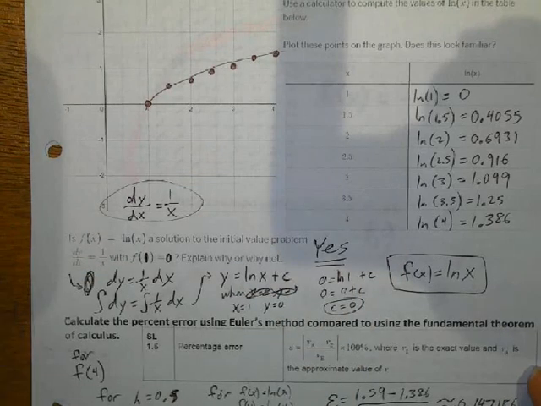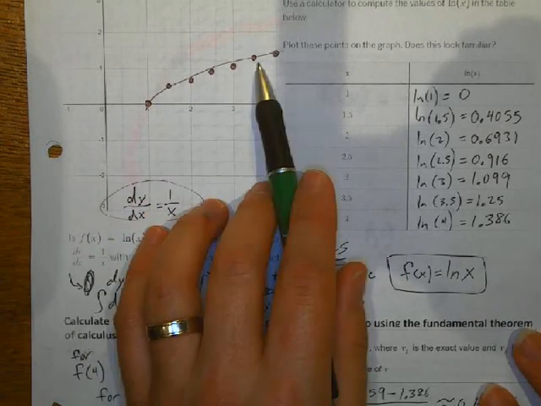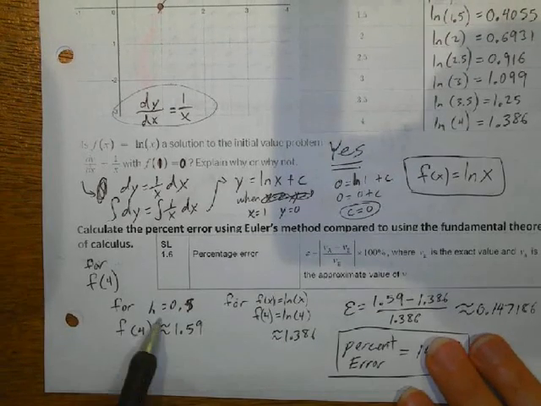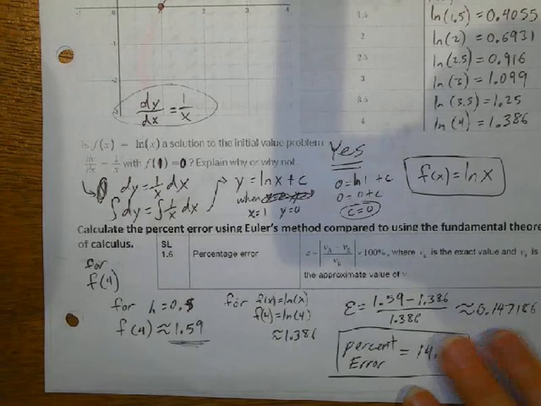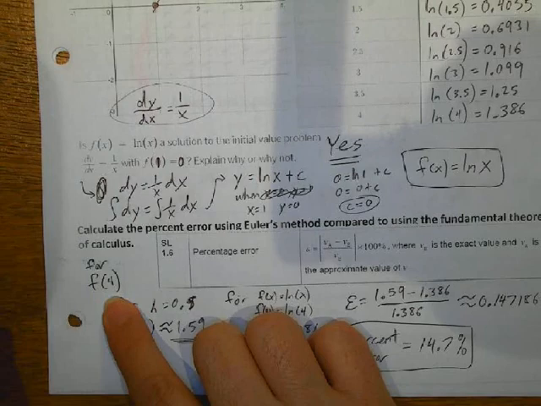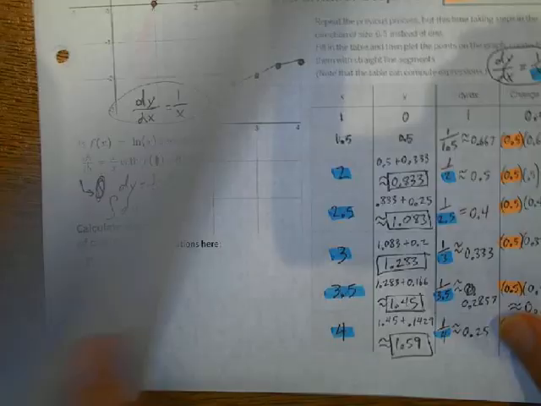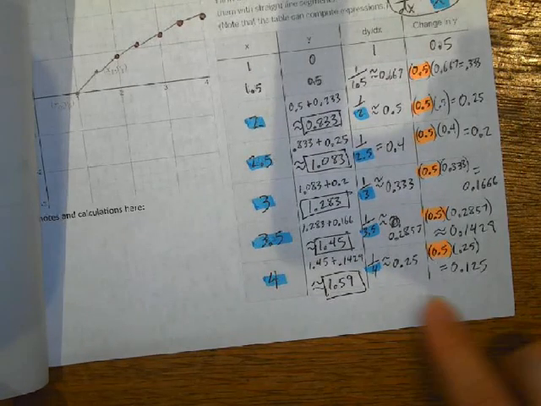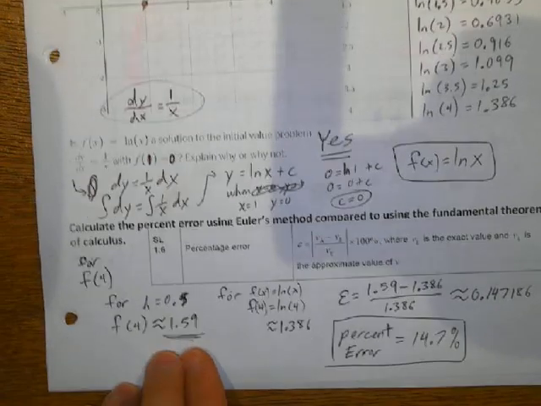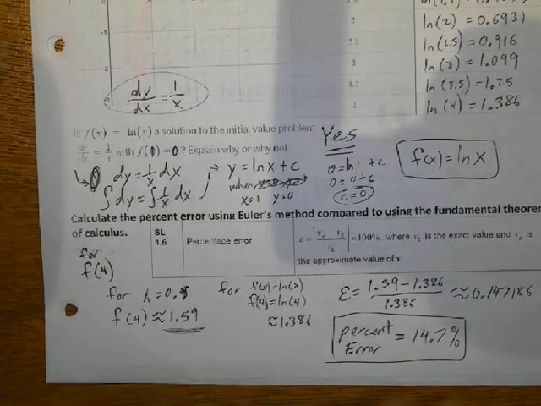So if this is my actual answer using the fundamental theorem of calculus, and I've used my step of 0.5, for f of 4, when x is 4, we got a value of 1.59.